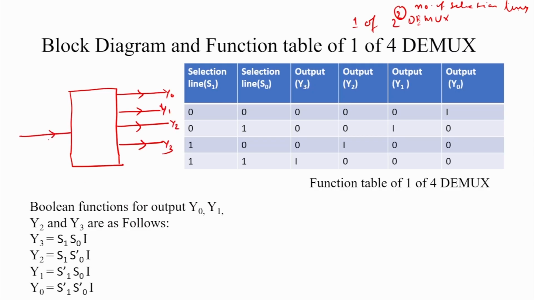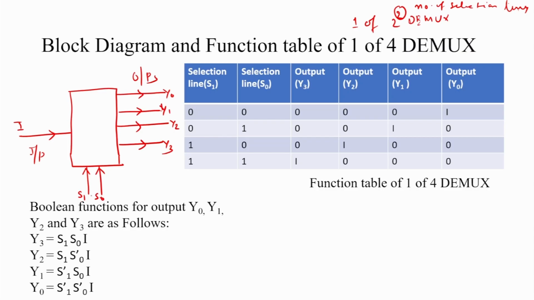The number of selection lines is 2, and which output the input is selected for depends on the selection lines, which are suppose S1 and S0.